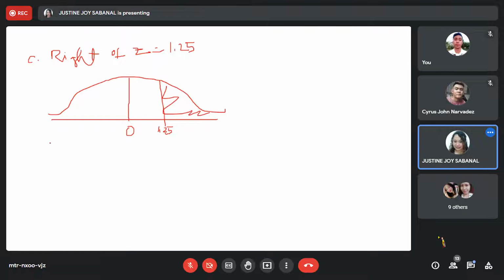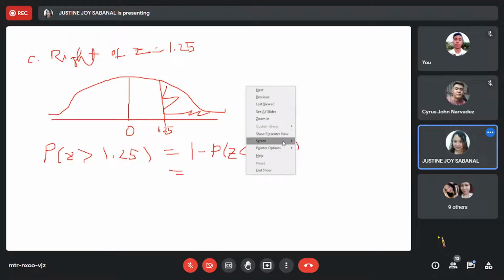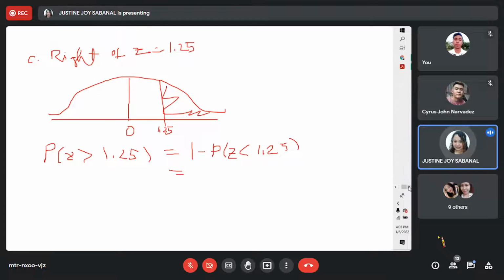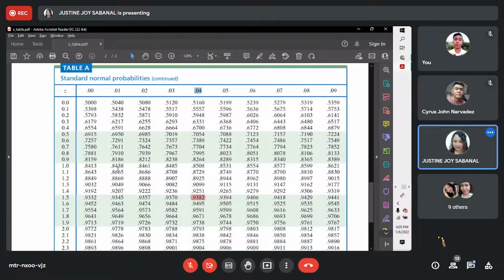And this is probability of Z greater than 1.25 is equivalent to 1 minus probability of Z less than 1.25. So check natin sa normal distribution table. What is the value of positive 1.25?